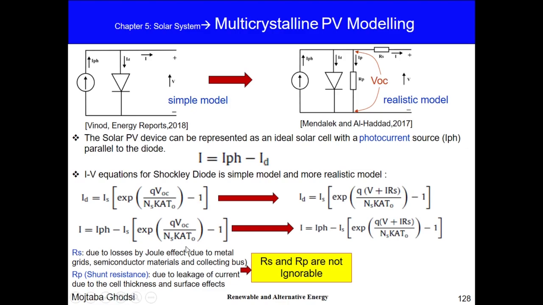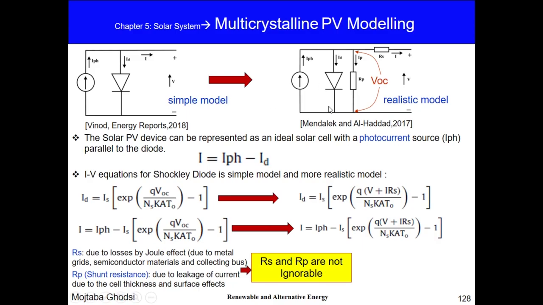RS is due to losses by Joule effect, due to metal grids, semiconductor materials, and collecting bus. And RP, which is a shunt resistance, is due to the leakage of current due to cell thickness and surface effects. Then, in the realistic model, we have RS and RP, and we cannot ignore them.